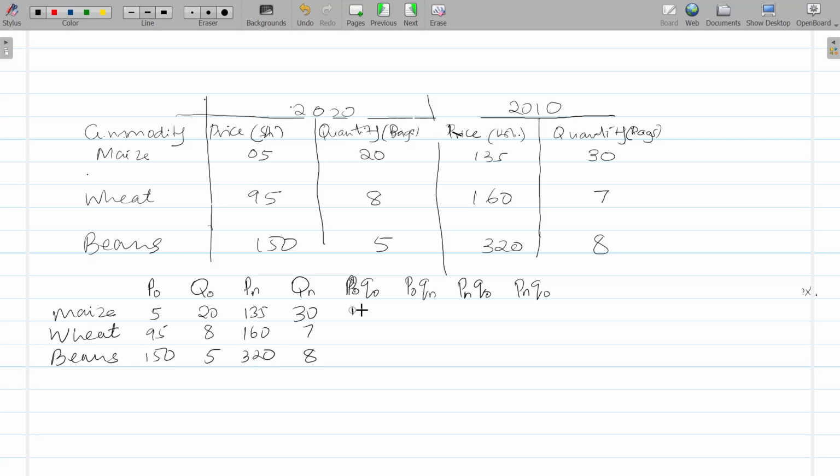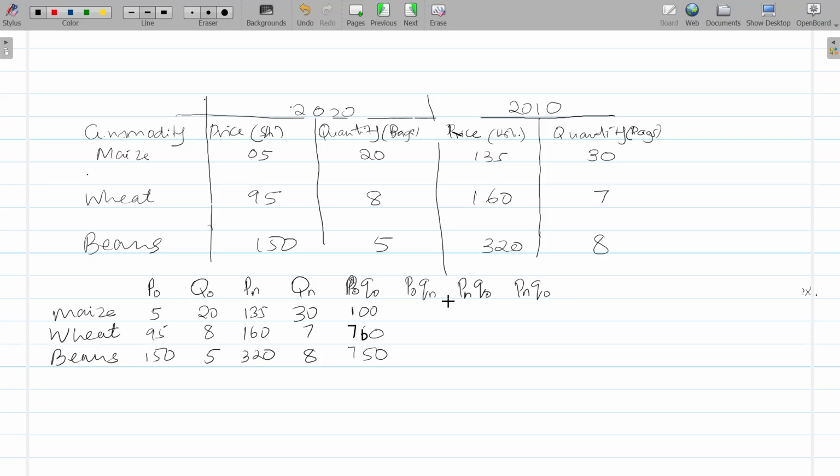So, looking at maize, P0Q0 means we multiply the price of the base year by the quantity of the base year. So looking at maize, P0Q0 is 5 times 20, which is 100. And for wheat, we have 95 times 8, which is 760. For beans, we have 150 times 5, which is 750. And then we go to P0Qn. For maize, we have 150.